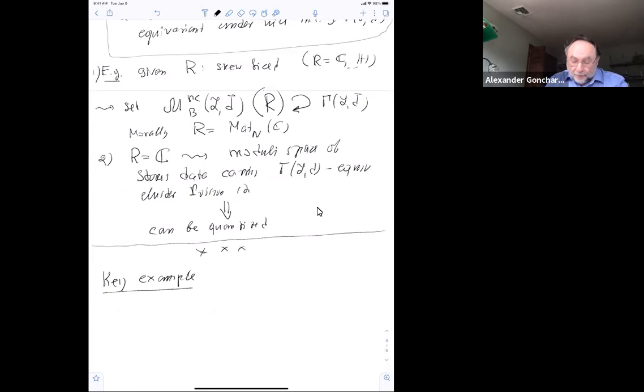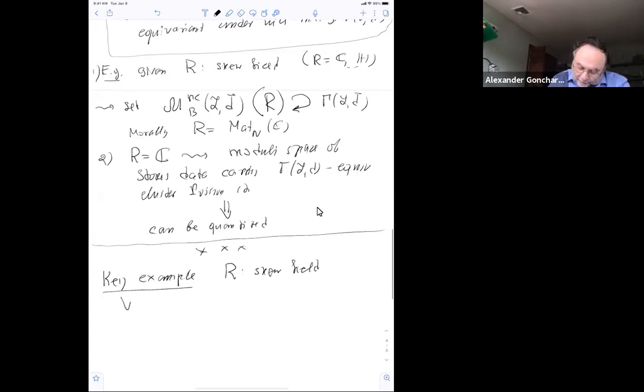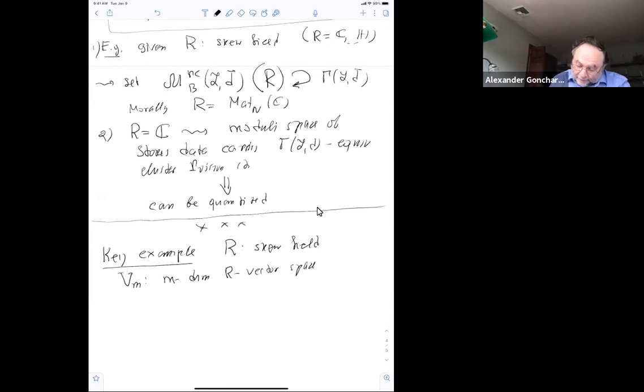Okay. So we want to describe configurations of flags. We have R, which as I said is a skew field. Then we have an m-dimensional vector space. And we have a notion of a flag. A flag, as usual, is just a filtration.